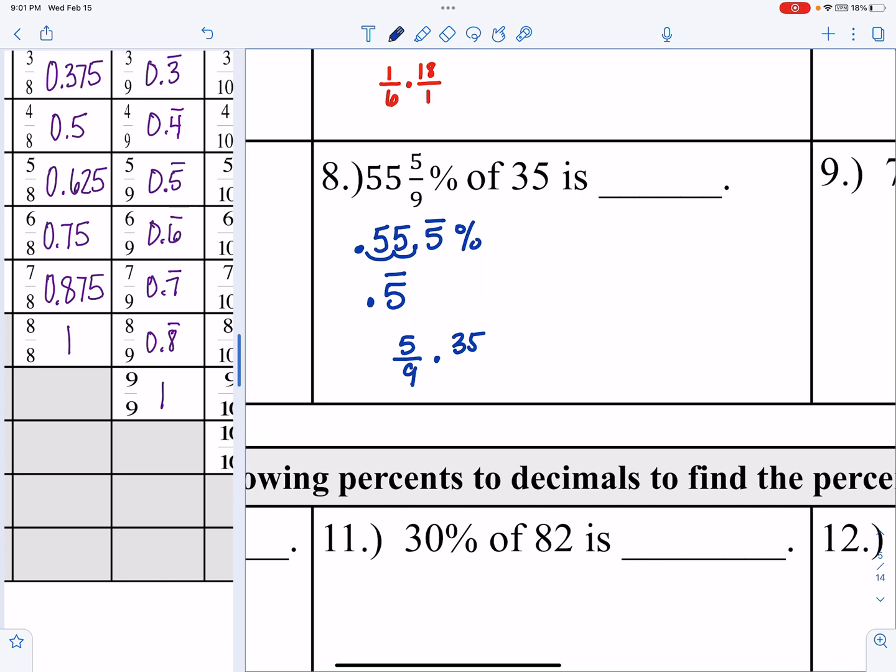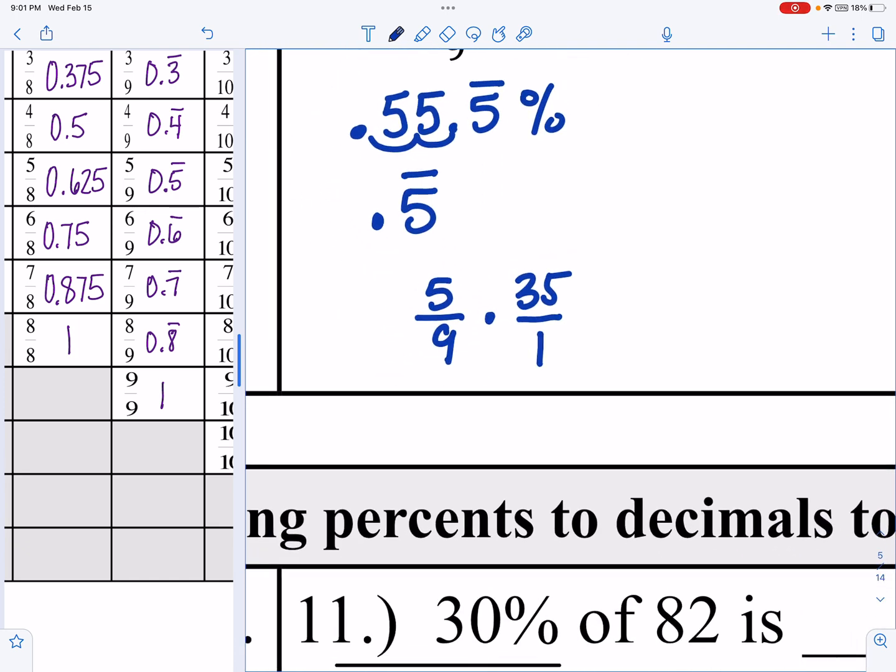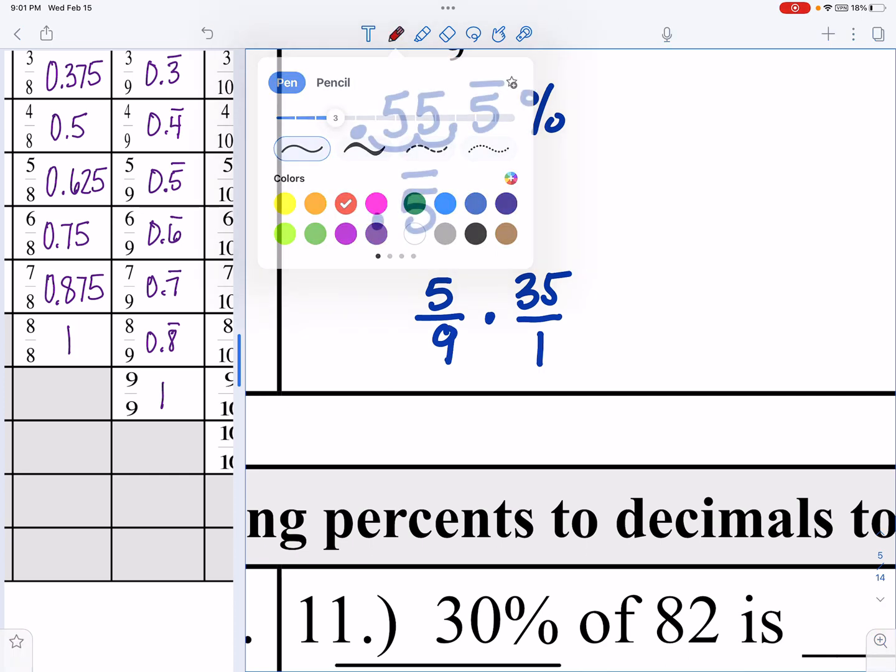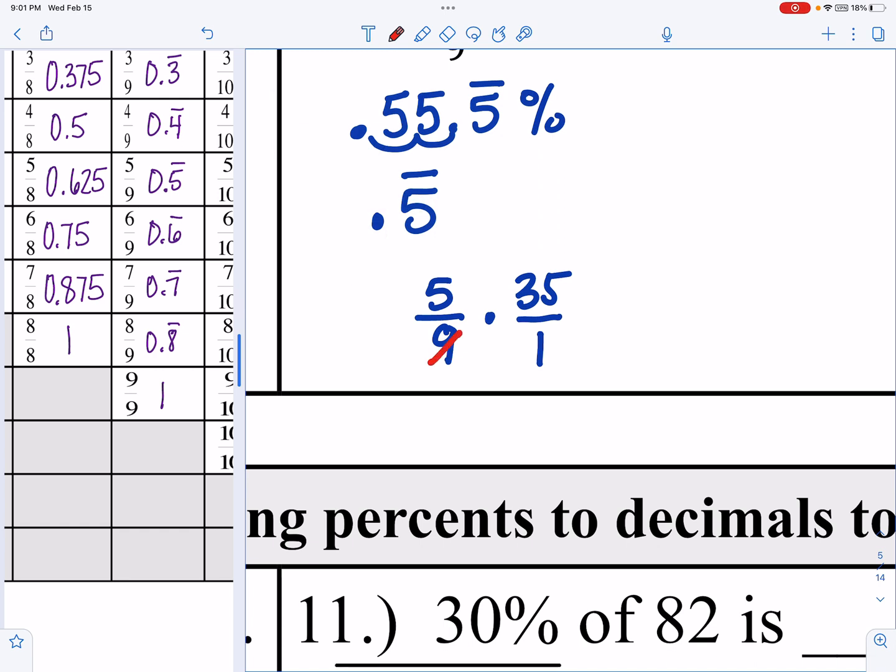Okay, so one of the things I notice if I'm looking at this math problem is that if I'm going to do some cross simplifying, man, if I could divide by 9 on both the top and the bottom, that would make this a really easy problem to figure out. So I'm actually going to estimate and change this to a 36 because it allows me to divide by 9.